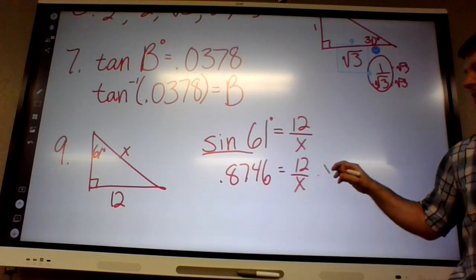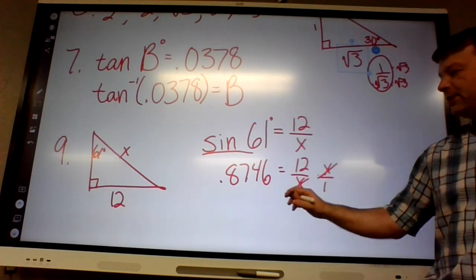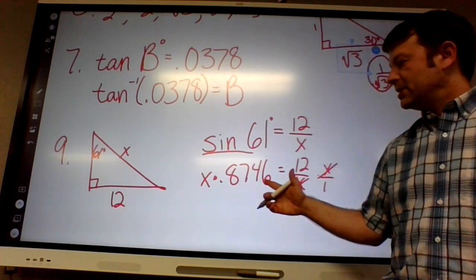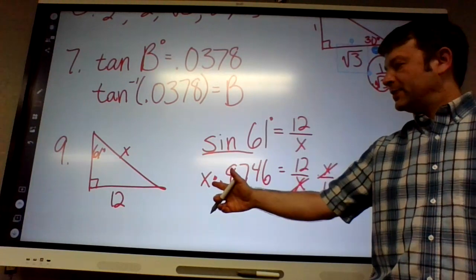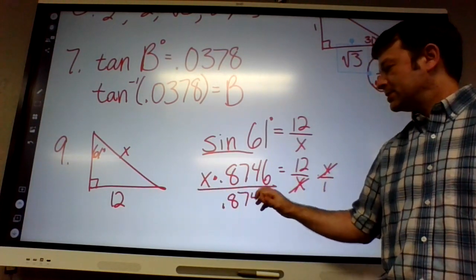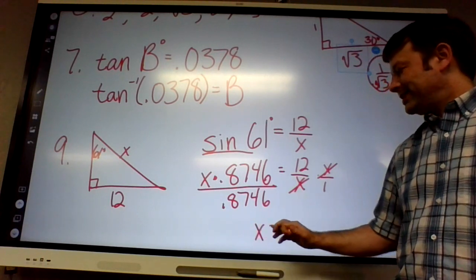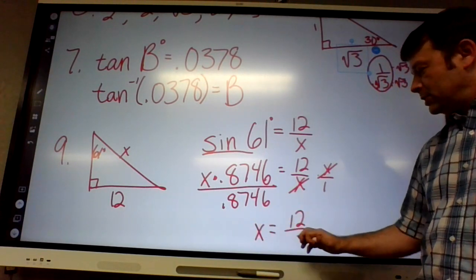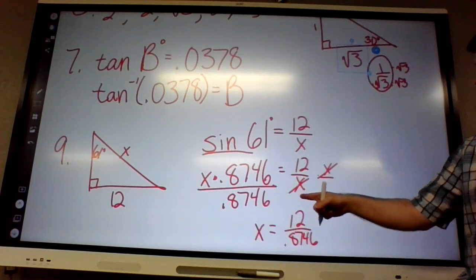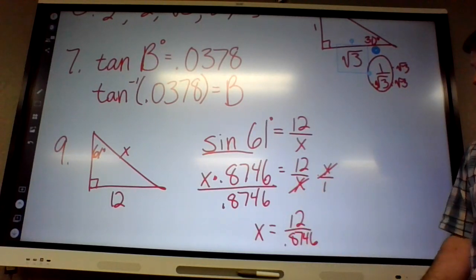When you multiply by x, over here it goes away, and over here you have x times this. So how do I get x by itself over here? Divide by 0.8746. And you would get whatever 12 divided by that is.